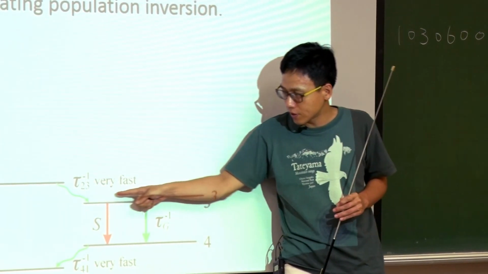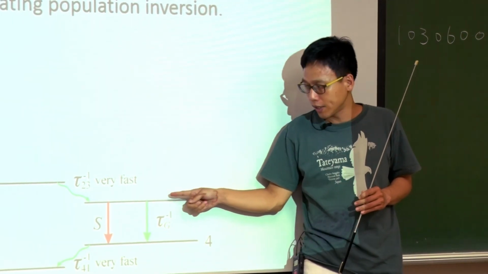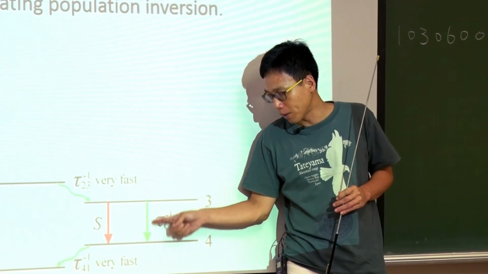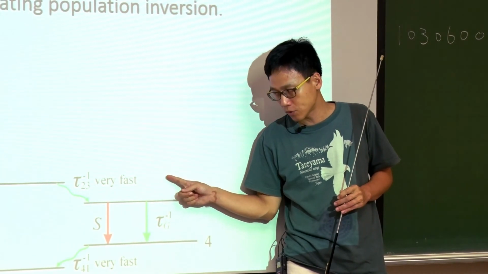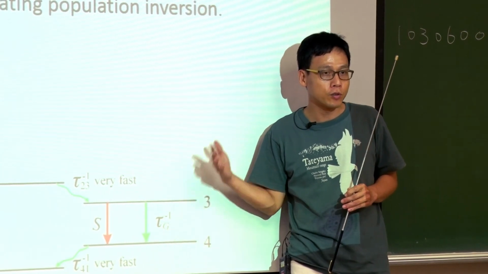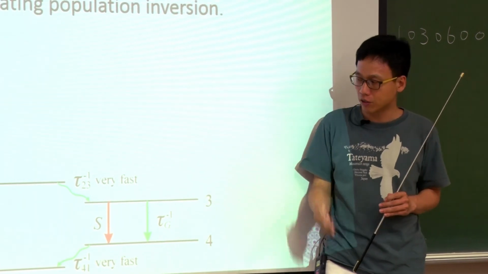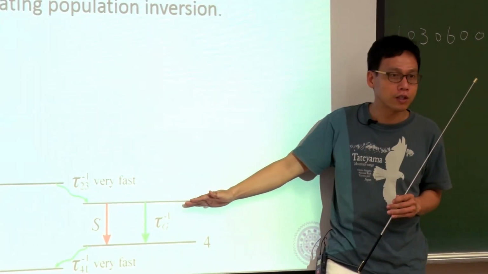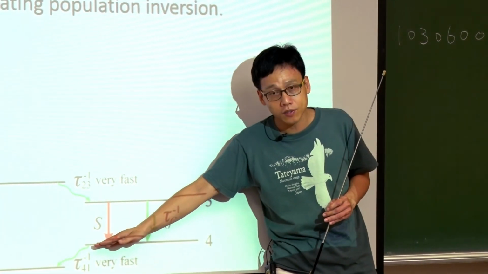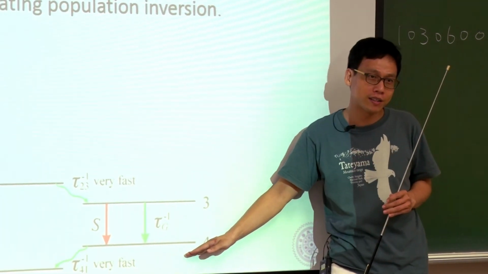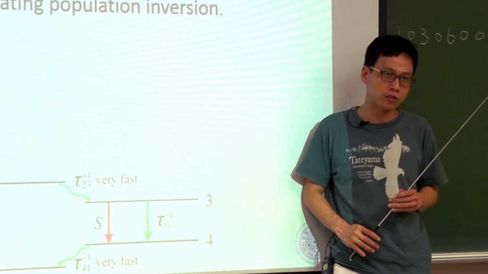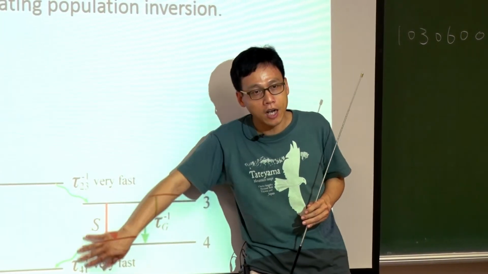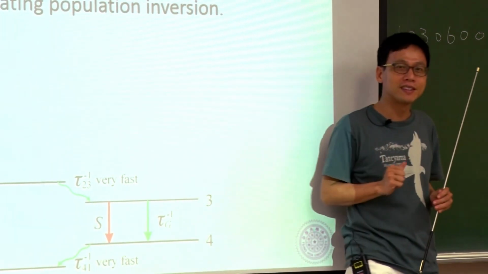And this is the upper state for laser transition, right? Laser transition happens between levels 3 and 4. If you want to have population inversion, you need a lot of electrons on level 3 and almost no electrons on level 4, right? Then you have large population inversion. It relies on short relaxation times on these 2 levels.